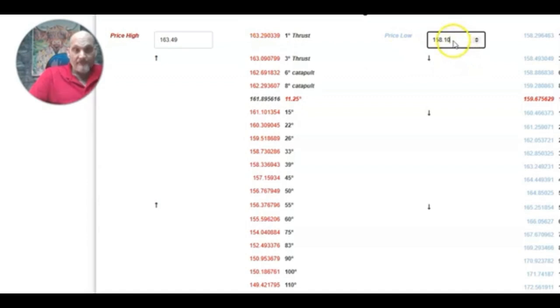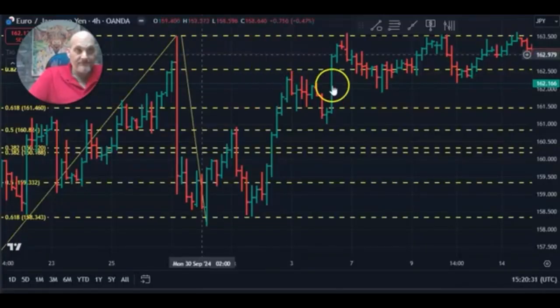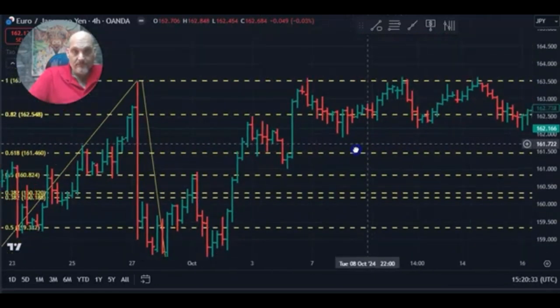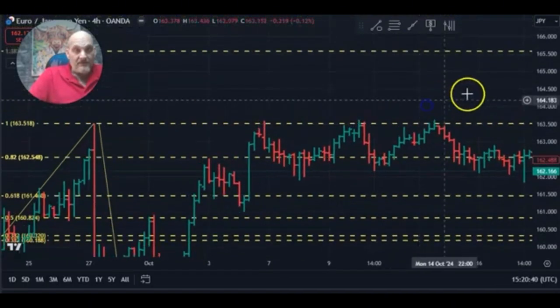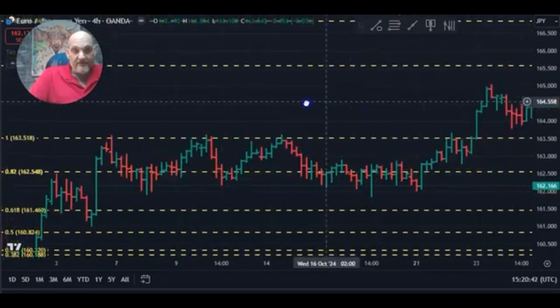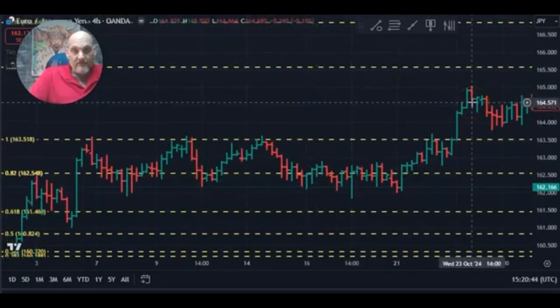So off of my low, 158.10, now we got what, 164.44. Let's just look. $163.60. Hang on. $165.02.